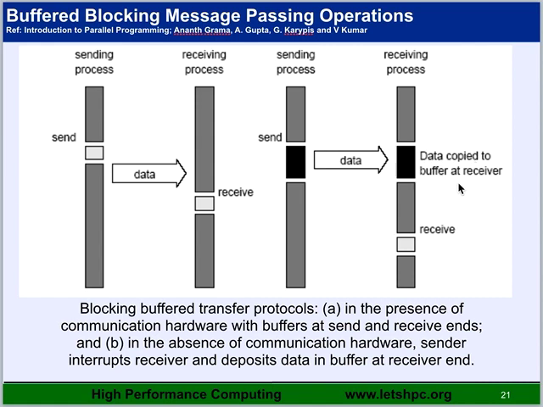And then when that particular data is required by the receiving process, it receives that data from the buffer. So in this case, you have a buffer only at the receiver end. In the previous case, you have buffers at both the ends, and you can see how buffering helps in reducing the overall communication time.